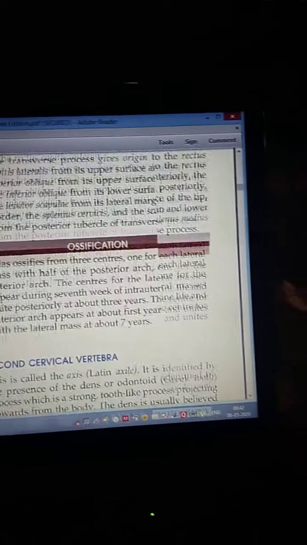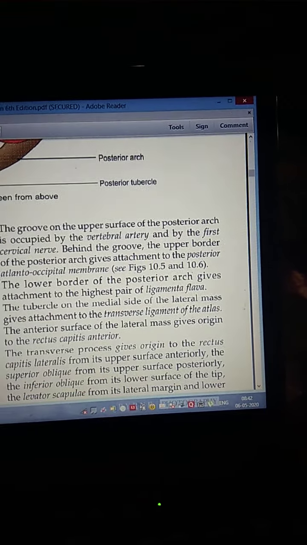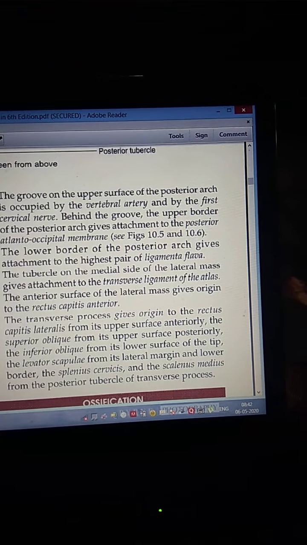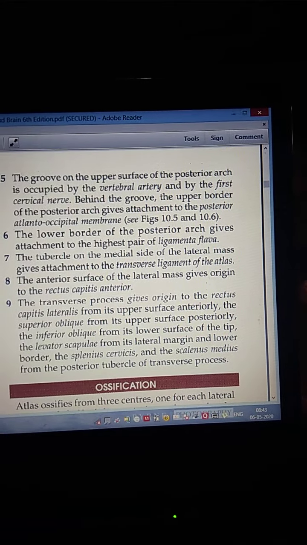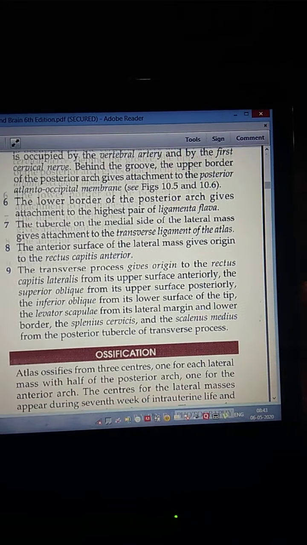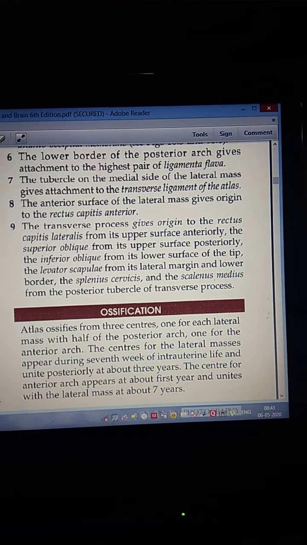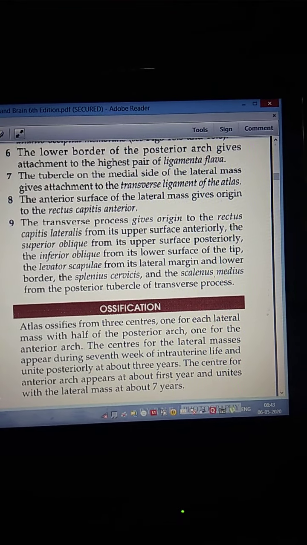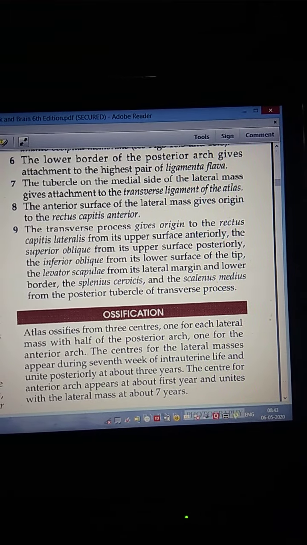The vertebral artery, first cervical nerve and atlanto-occipital membrane pass through the groove. The lower border of the posterior arch gives attachment to the ligamentum flavum. The tubercle on the medial side of the lateral mass gives attachment to the transverse ligament of the atlas.